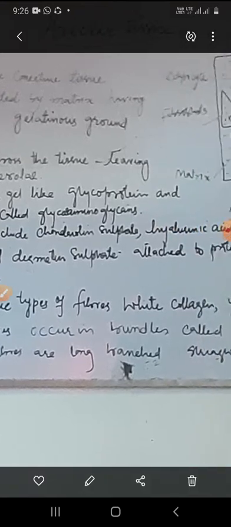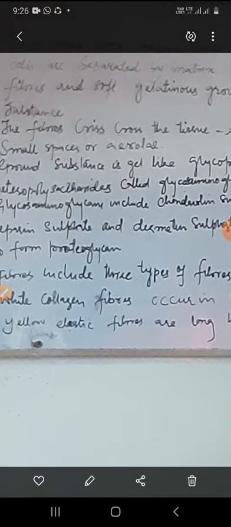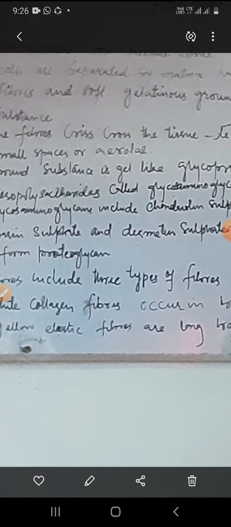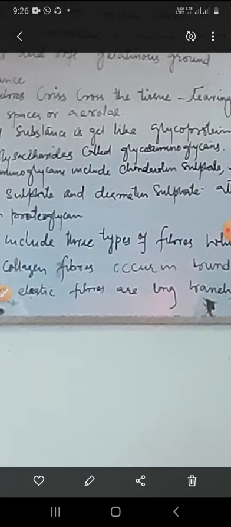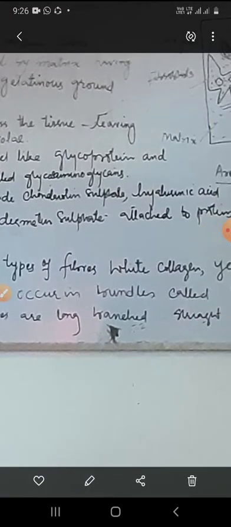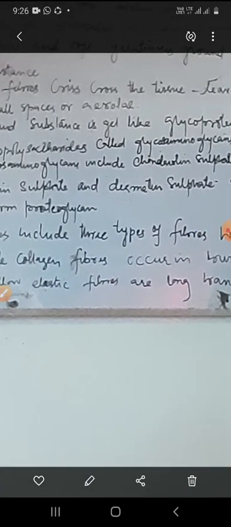Ground substance is a gel-like glycoprotein and heteropolysaccharide called glycosaminoglycans. The common glycosaminoglycans include chondroitin sulfate, hyaluronic acid, heparan sulfate and dermatan sulfate.